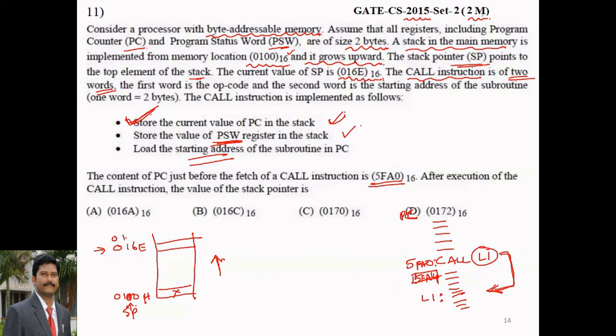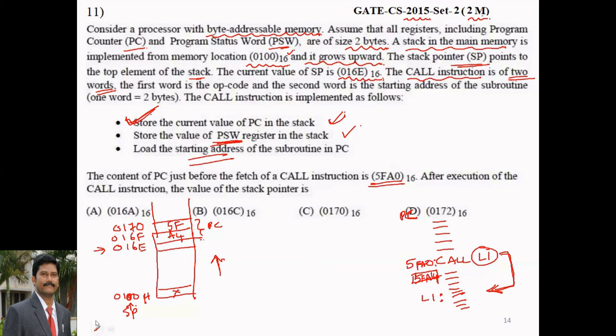That means 016F and 016F plus 1 is 0170. It increments these two addresses and stores the return address here: A4 and 5F. This is the return address, the current value of PC stored in the stack.